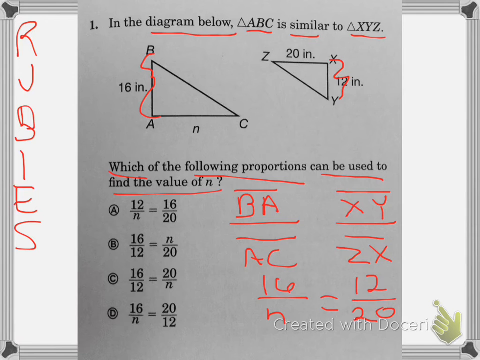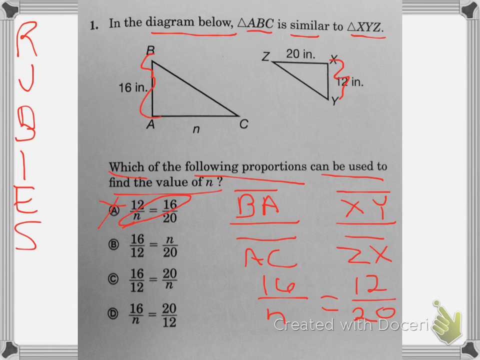That's what I have. But what is different here is that if I were to cross multiply here, 16 times 20 would be what I multiply and 12 times n. But if I look at A, that is not the case. I would multiply 6 times n. That is not correct, so I'm going to go ahead and mark that wrong.